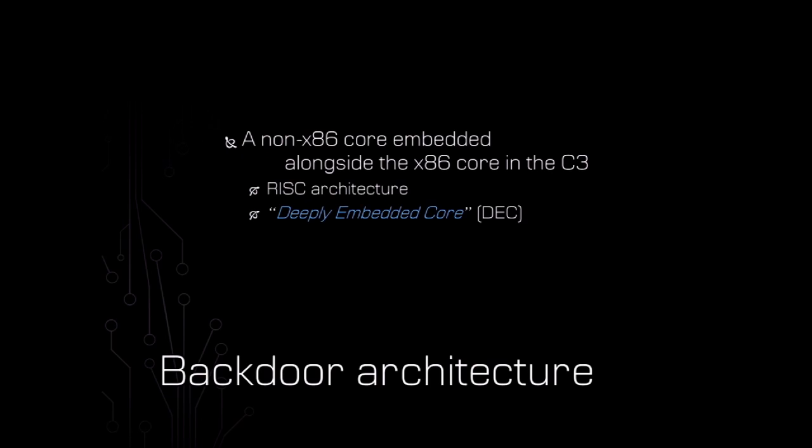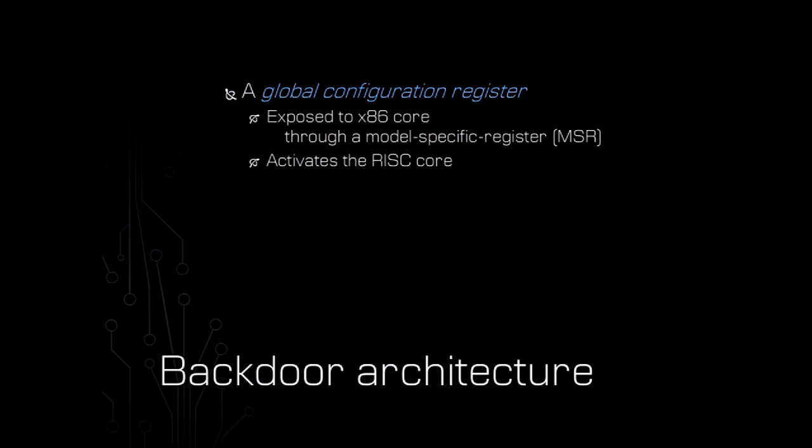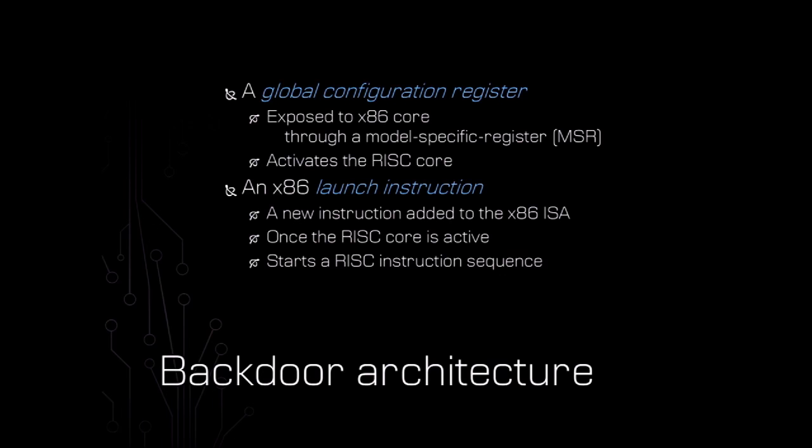This non-x86 core was a RISC-type architecture. The patents didn't have a consistent term for this, but I started calling this the deeply embedded core, the DEC. They also talked about something called a global configuration register. It was a register that would be exposed to the x86 core through a model-specific register, and the patent suggested that this global configuration register could activate the RISC core.